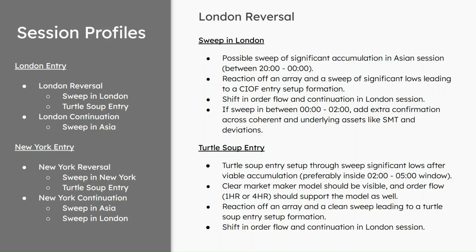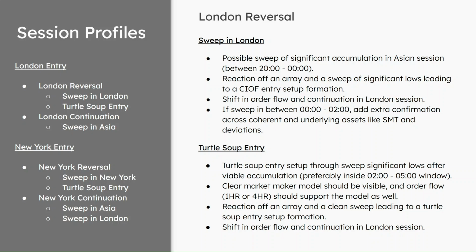Another case for the London reversal narrative is a turtle soup entry. The turtle soup entry setup forms through a sweep of significant lows after viable accumulation, preferably inside the 02:00 to 05:00 window. We need a clear market maker model and an order flow that should support the order as well.